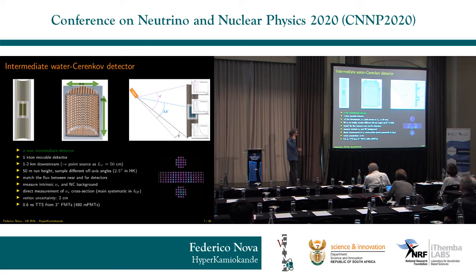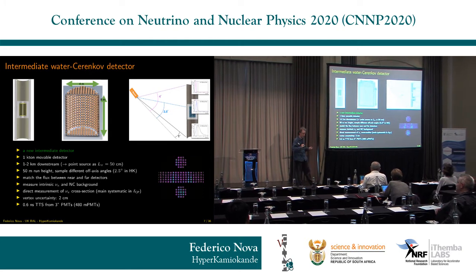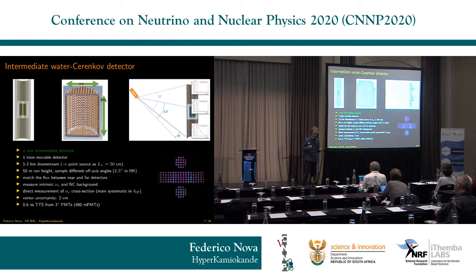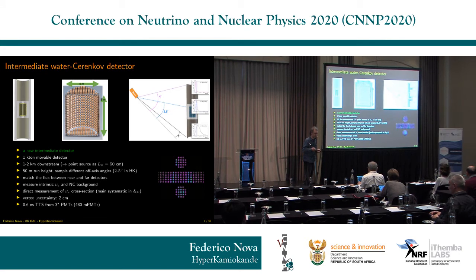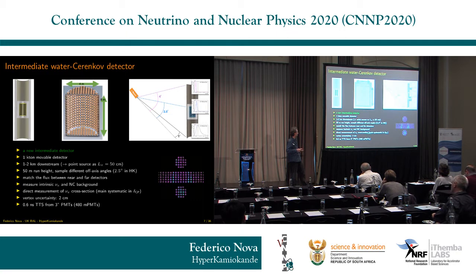So in Hyper-K, we want to have an error in the vertex reconstruction of around 30 centimeters order of magnitude, depends on what the energy is. But because this detector is much smaller, we have to have a 2 centimeter level of the vertex reconstruction.